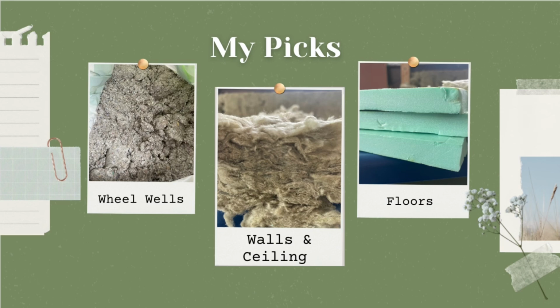So what I decided to go with in the end, what I thought would be most energy efficient and best for the Skoolie, was to do the walls and ceilings with rock wool and do the floors with that foam board, because I wanted something that had a little bit of rigidity to it, and of course filling the wheel wells with cellulose insulation, only because it was nice to be able to get in the nooks and crannies with that insulation, and I thought that would work well given its R value, but also because I may or may not have wanted an excuse to make paper clay.